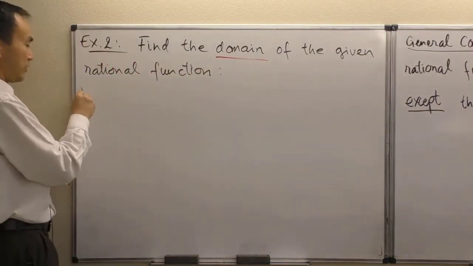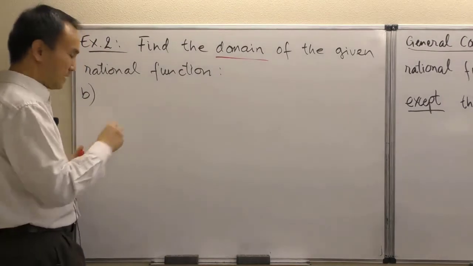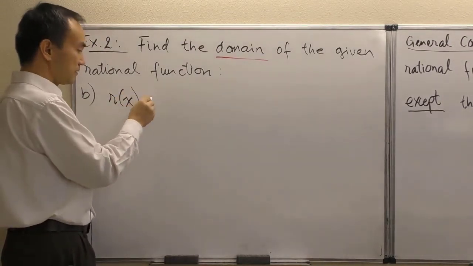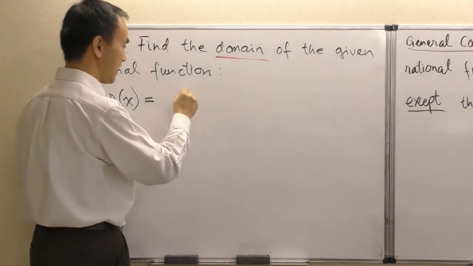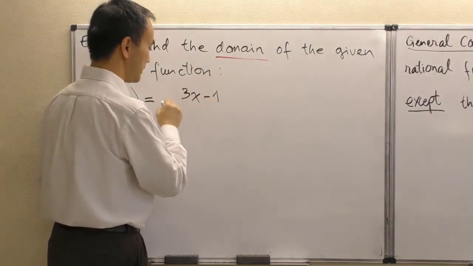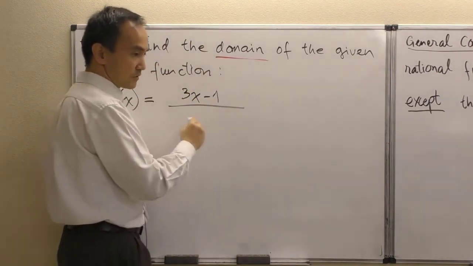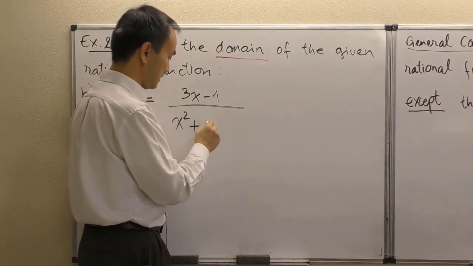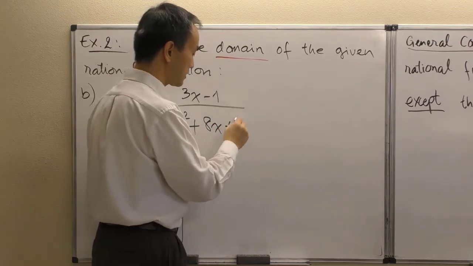All right, so here we are at part B of our example. Our rational function here, r of x equals 3x minus 1, divided by x squared plus 8x plus 7.